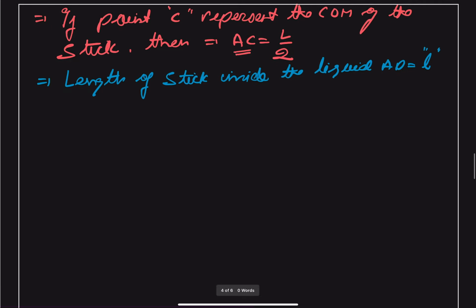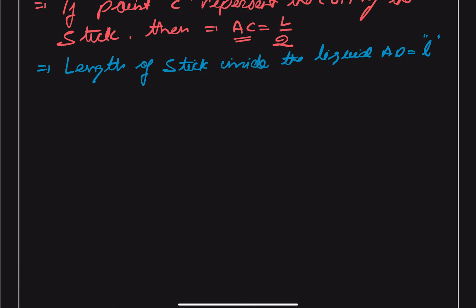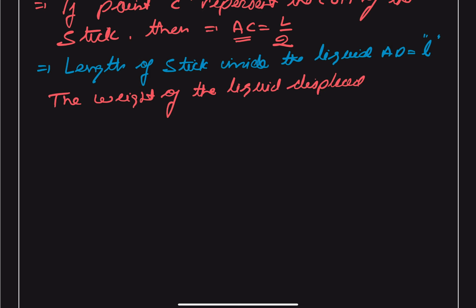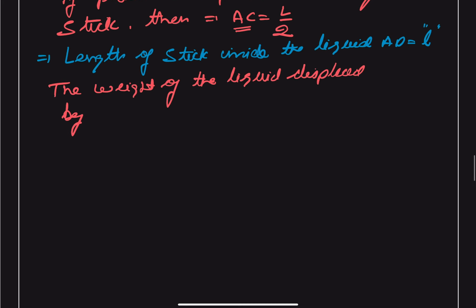So it means the weight that will be displaced by the stick, the weight of the liquid displaced by the stick, will be equal to our mass mw multiplied by g, and that will equal pi r square L sigma multiplied by g.